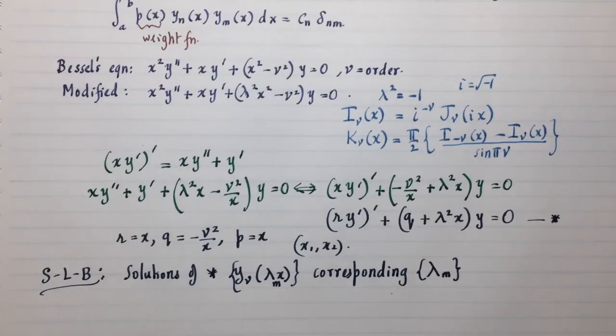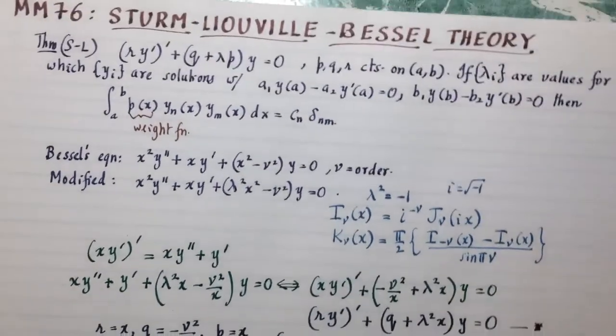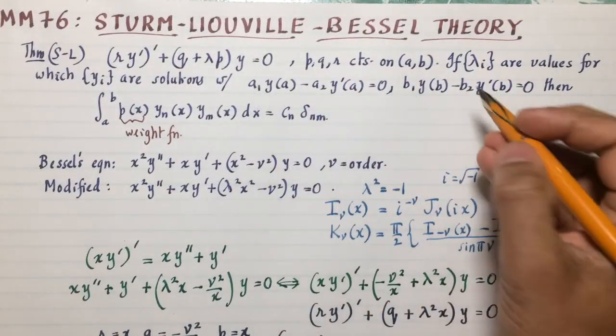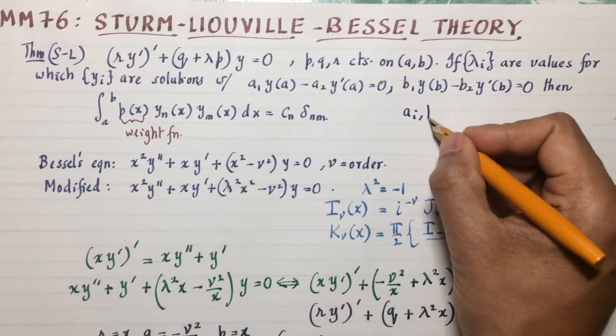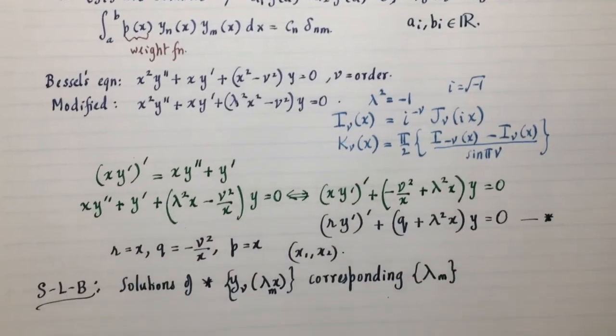Well, they have to satisfy boundary conditions similar to the boundary conditions that I gave you earlier for the general Sturm-Liouville problem. By the way, in the general Sturm-Liouville problem, the coefficients a1, a2, b1 and b2 are just some real numbers, so we don't have to worry about that.